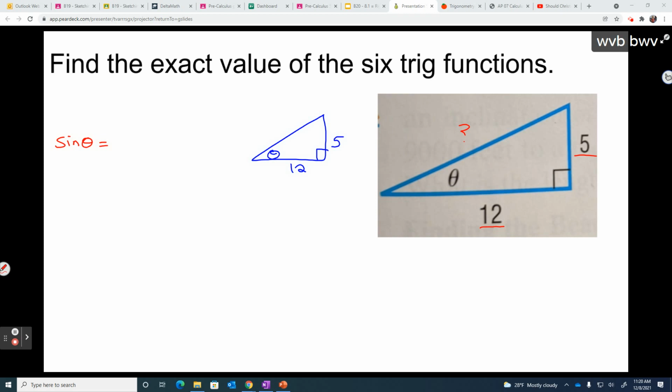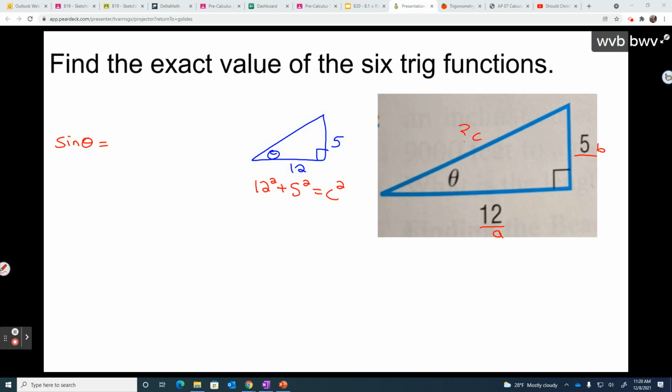Yeah, use the Pythagorean theorem, a squared plus b squared is c squared. So this is like our a, this is our b. The hypotenuse is always your c, no matter what, hypotenuse has to be the c. So in this case, it will be 12 squared plus 5 squared equals c squared. And we first got to solve for c before we can actually do most of the ratios.